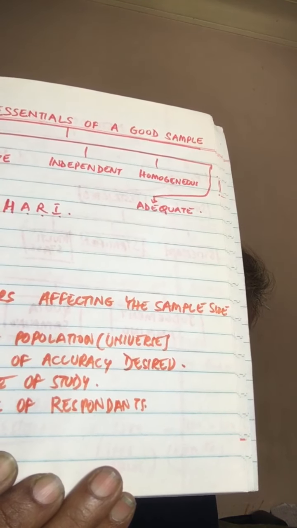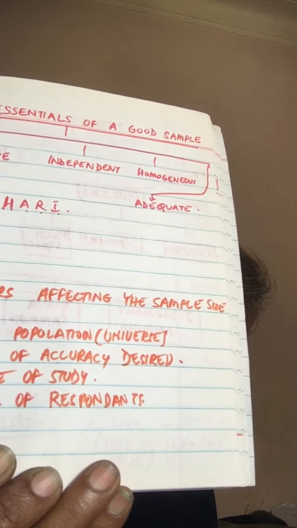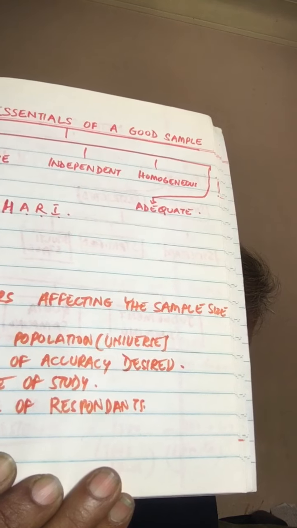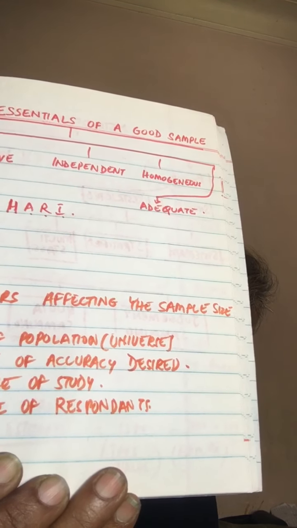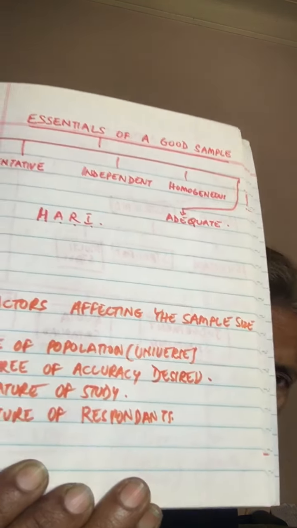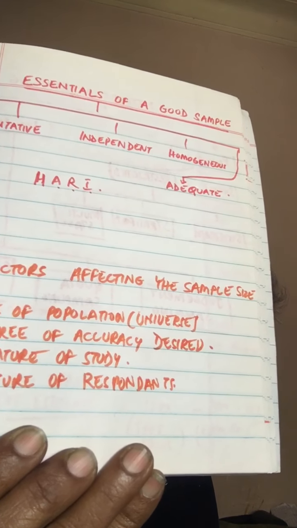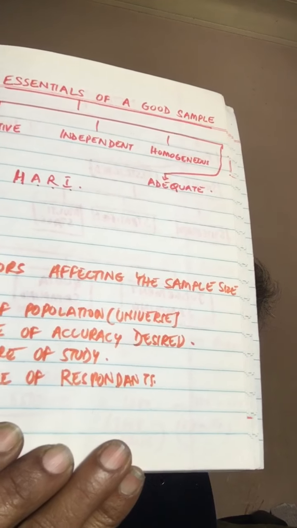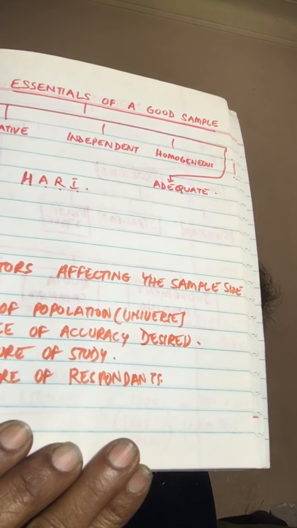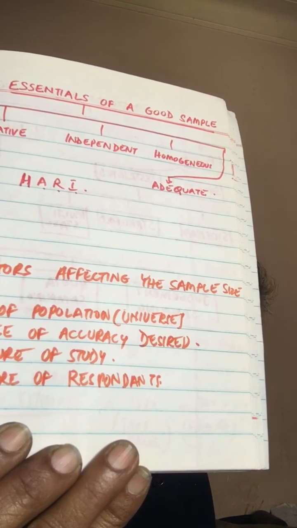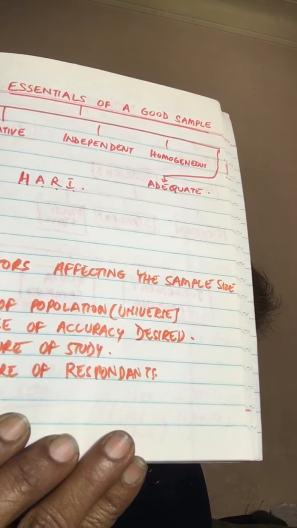All units of a sample must be independent of each other, which means the inclusion of one item in the sample should not depend upon the inclusion of other items of the universe. So whenever you are selecting a sample, HURRY should come into your head: it should be homogeneous, adequate, representative, and independent.